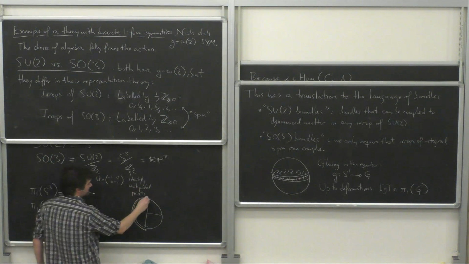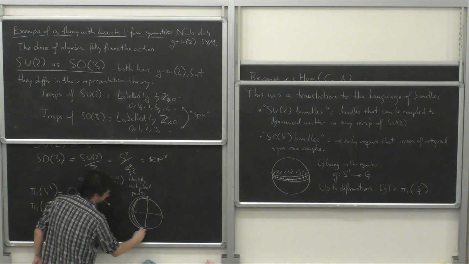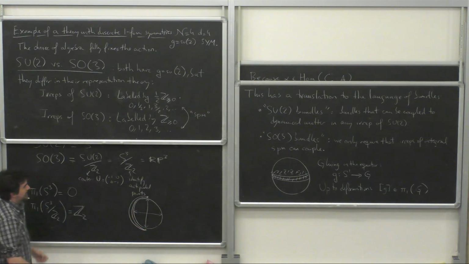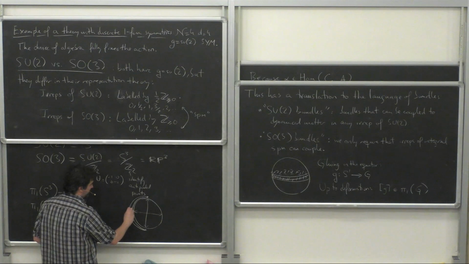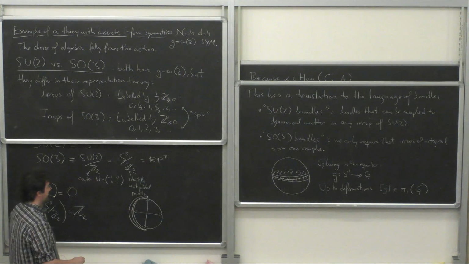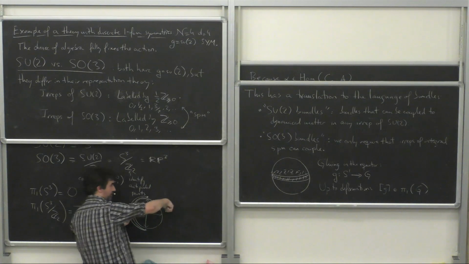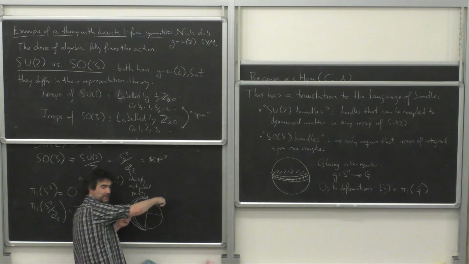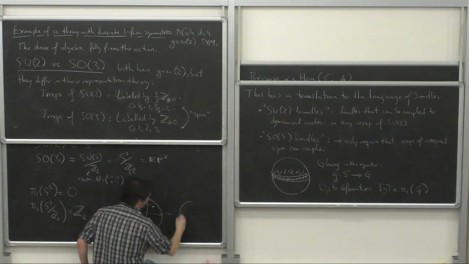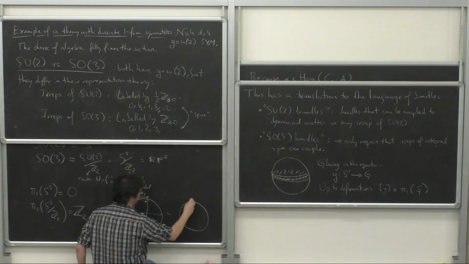But now if I take two of these, well, then what happens? Let me give them an orientation just to make the picture a bit clearer. I can sort of take one of them and move it around the sphere to the opposite side to get a picture that looks like this, the original point.